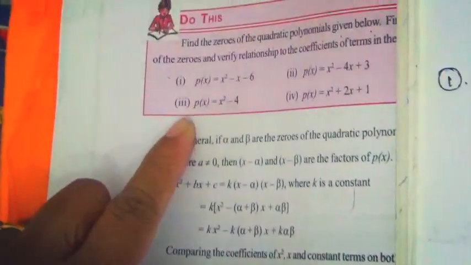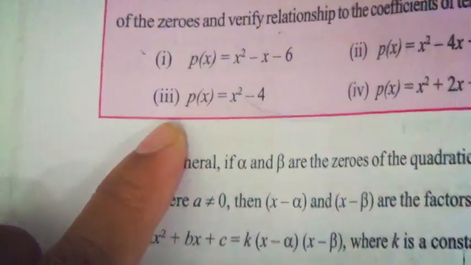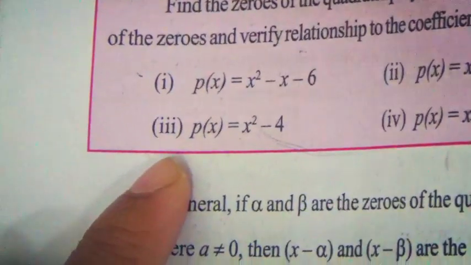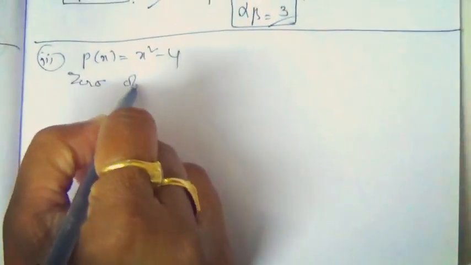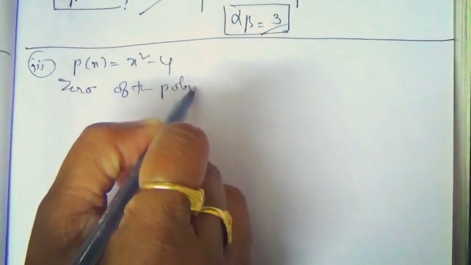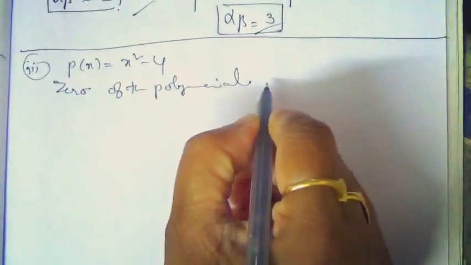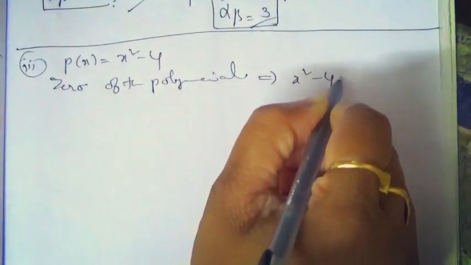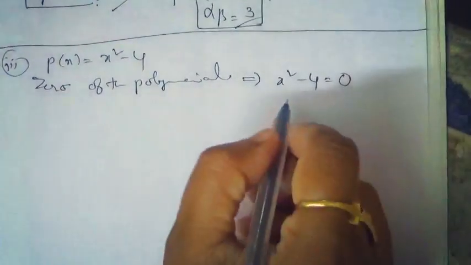So that is the third one, p of x is equal to x square minus 4. So zeros of the polynomial implies x square minus 4 is equal to 0. It is easier. Why?